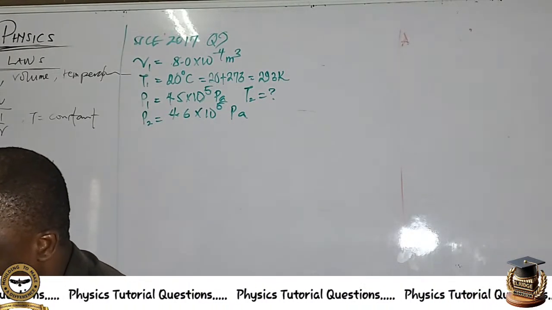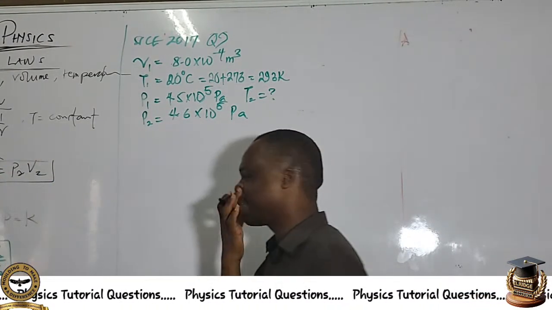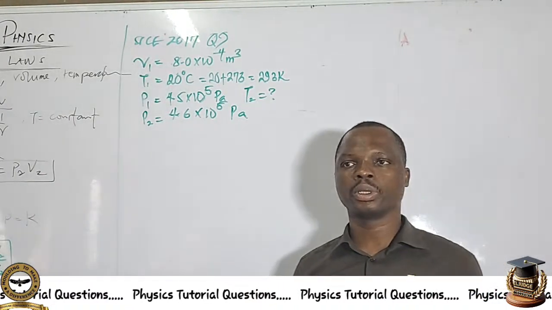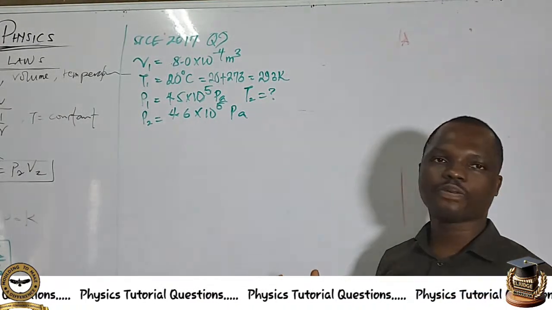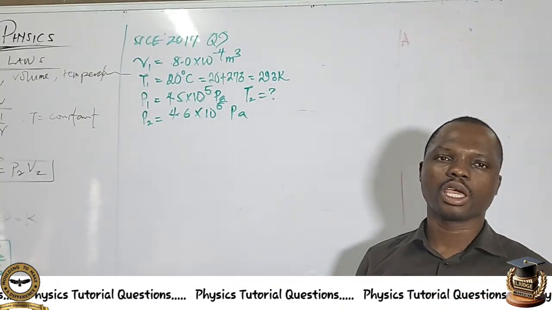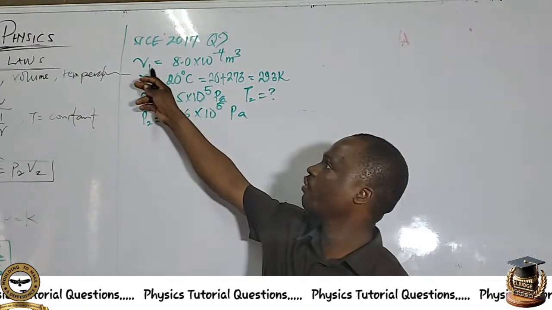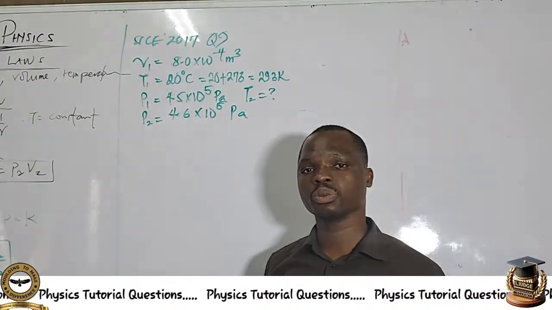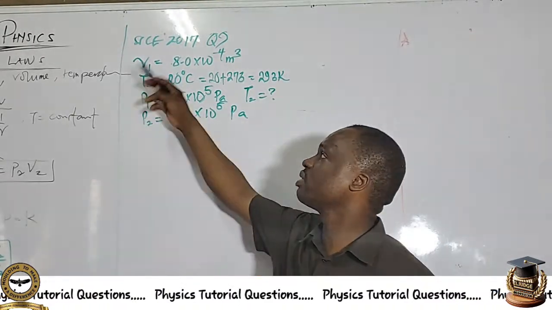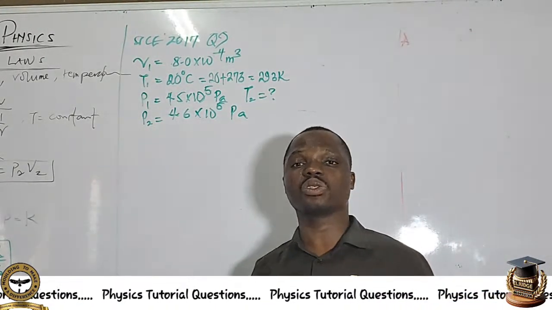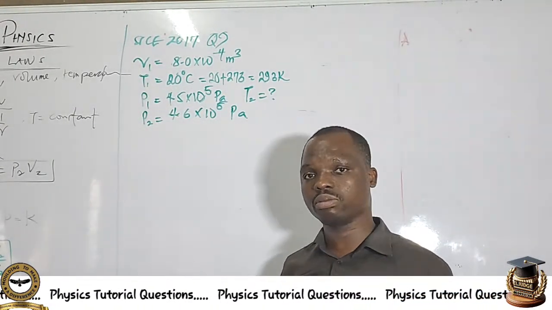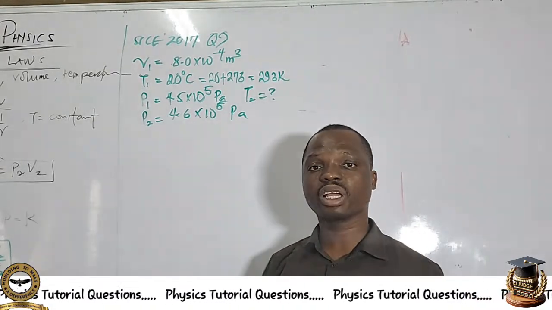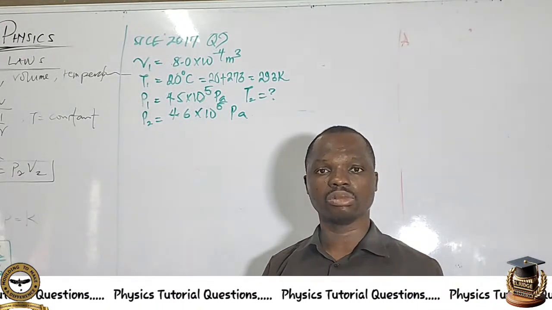So this is a question, and for this question, it is very simple. You can see the tire has a fixed volume. So this is a kind of application question. They have given you V1. This V1 is also equal to V2, because the volume of the tire does not change. If you have a car tire, the volume does not change throughout the journey.